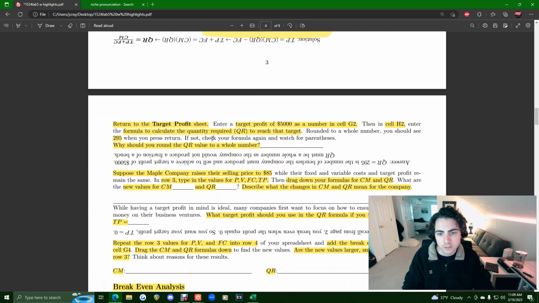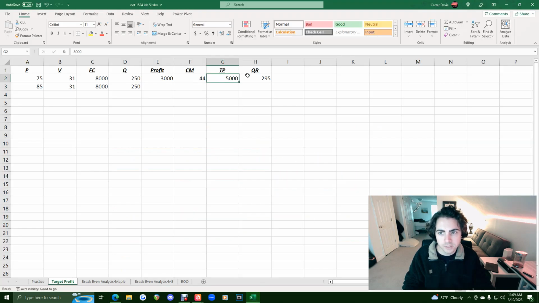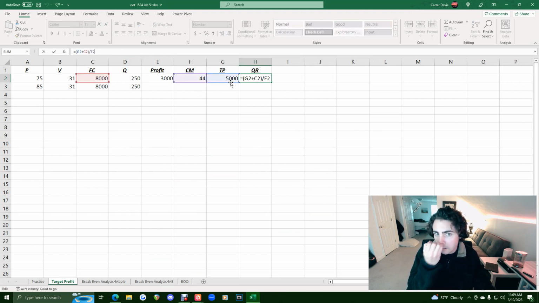All right, return to the target profit sheet, enter the target profit of 5,000, then use a formula. So we just type in 5,000 here. Quantity required, this is where that formula we just talked about for QR comes in: TP plus FC, fixed cost, divided by the contribution margin, CM.